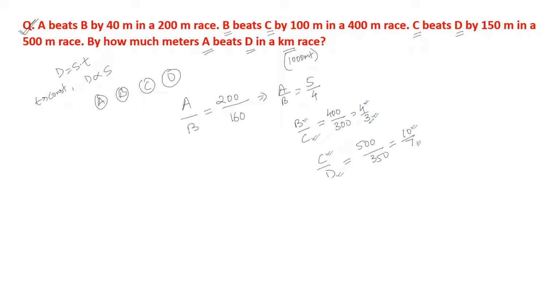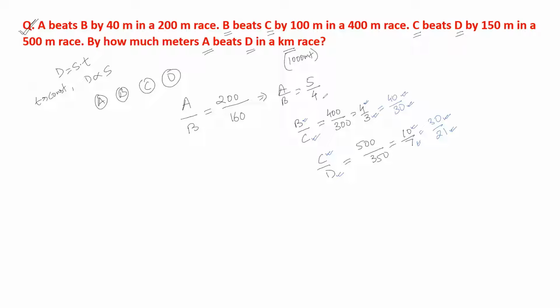So if we take the LCM of 3 and 10, which is 30, and make both of these 30, I can write this to be 30 and this to be 40, and this to be 30 and this to be 21, as I'm multiplying the numerator with 3, so I need to multiply the denominator by 3 as well. So this simply means that when B covers 40 meter, C covers 30 meter. And when C covers 30 meter, D covers 21 meter.